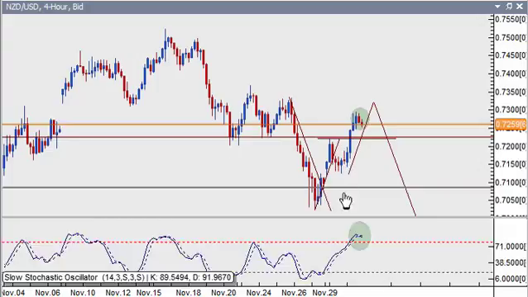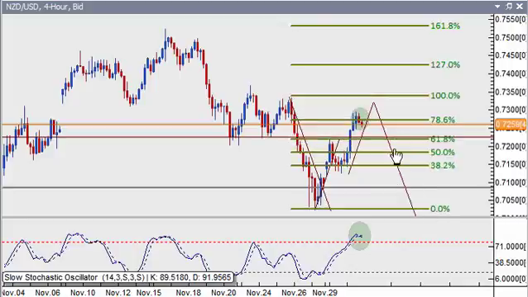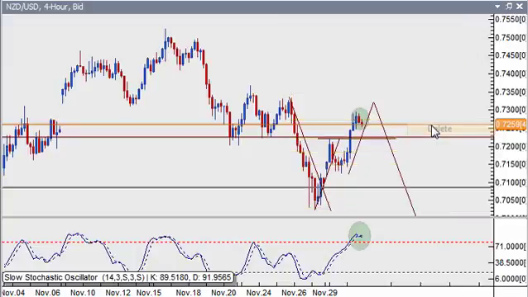Here we see the New Zealand dollar again, and our 78.6% was actually penetrated. Once again, both of these pairs have Gartley patterns developing, or excuse me, this is more of a retracement pattern, ABCD similarly, but the pound dollar has more prospect of a bearish outlook.